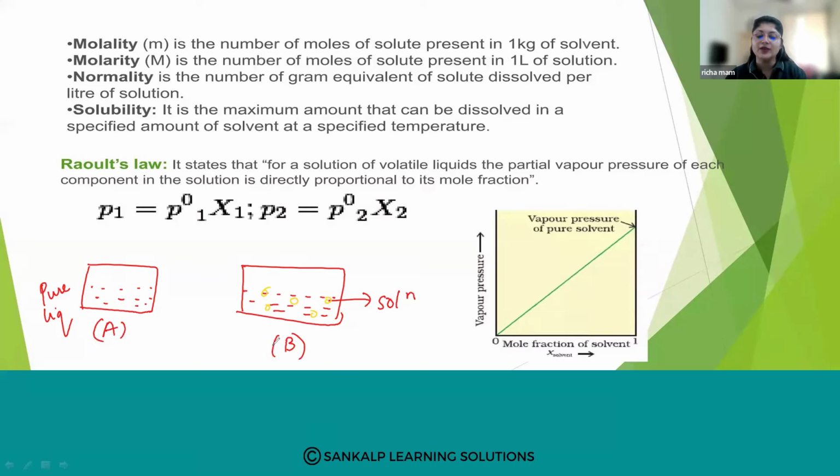Now what will happen? Whenever you have a pure liquid, the molecules of the pure liquid will be present at the surface. When the volatile liquid is converted into vapors, first the molecules present at the surface get converted into vapors, then the next molecules, like that.